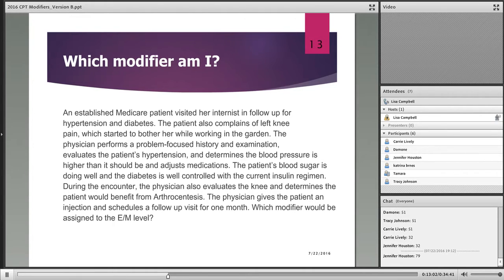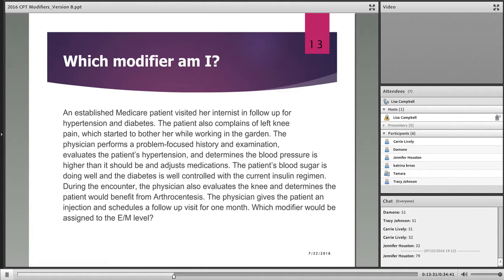The patient's blood sugar is doing well and the diabetes is well controlled with the insulin regimen. During the encounter, the physician also evaluates the knee and determines that the patient would benefit from arthrocentesis. The physician gives the patient an injection and schedules a follow-up for 1 month. Which modifier would be assigned to the E&M encounter?